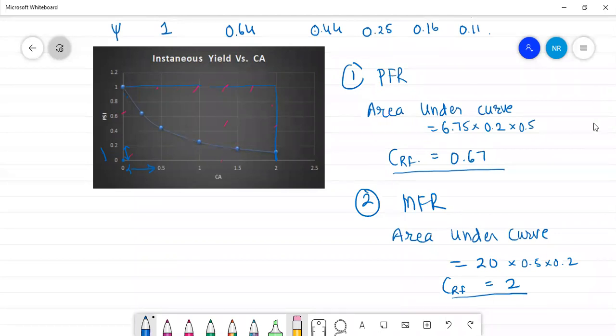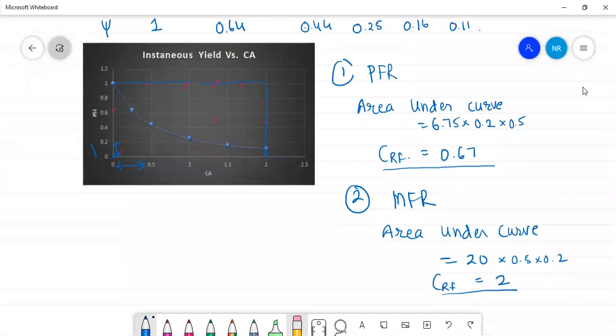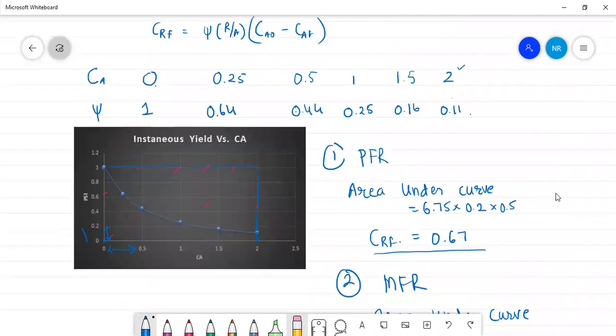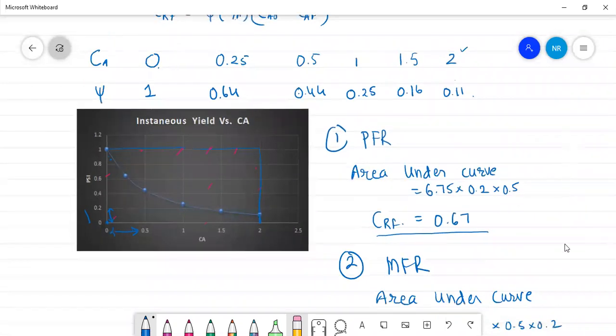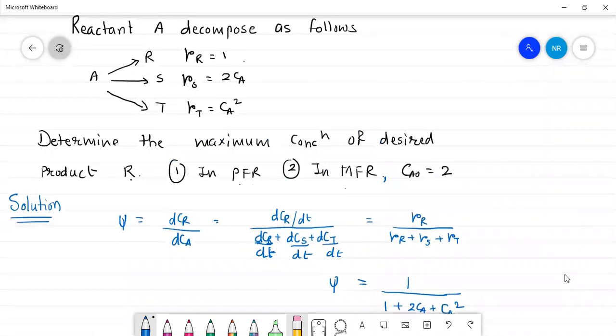For R, if my desired product is R, using MFR is better, while using PFR is not better for me. But if my desired product is not R, if my desired product is S, then there is a different curve, and a different type of desired product may be there.